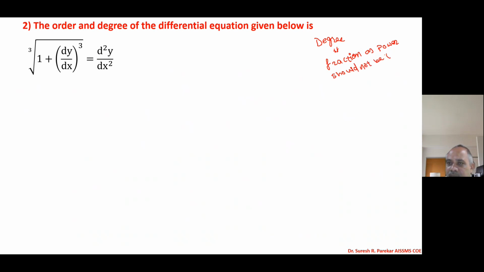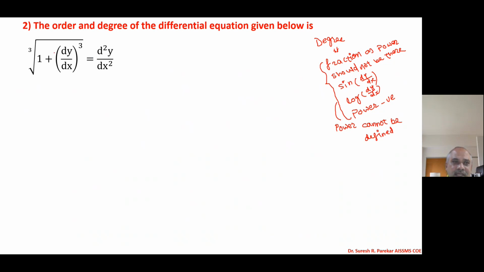Any derivative should not be transcendental, which means we should not have sine of dy by dx or log of dy by dx. If we have those, we cannot define the degree. If we have a negative power, then also we cannot define the degree. So we should be very clear with this.